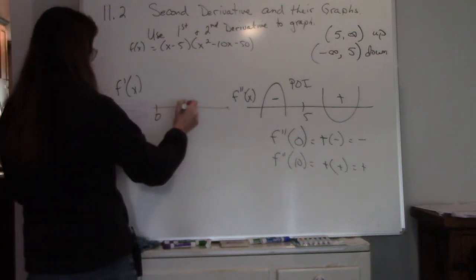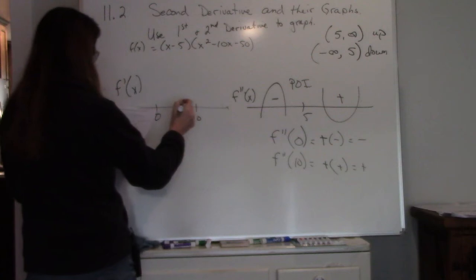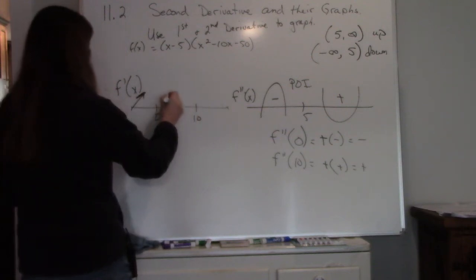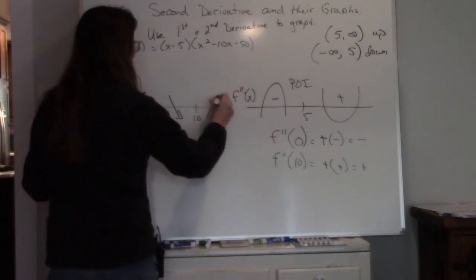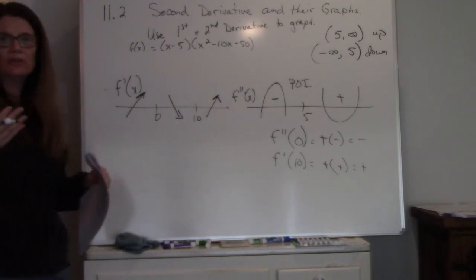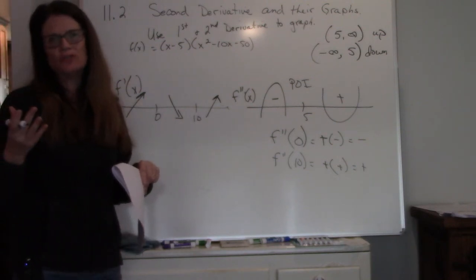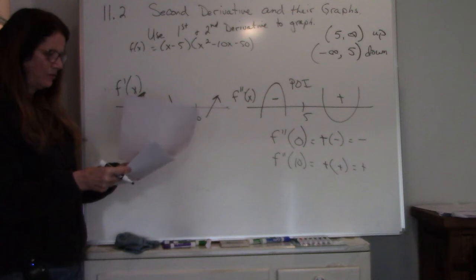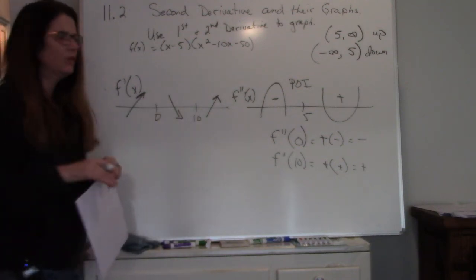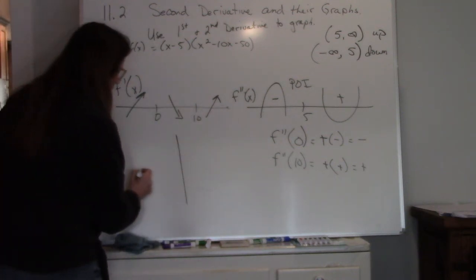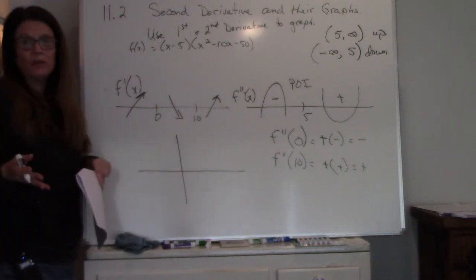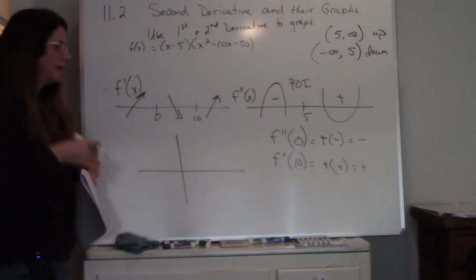So it was critical points at 0 and 10. We went up, down, up. Okay, so now with the graph, you're just choosing a graph. So you're looking at the graphs and you're going, okay, which one fits the criteria? So if I were to graph this, and again, I don't know what the y value is, but I do know what the x values are.